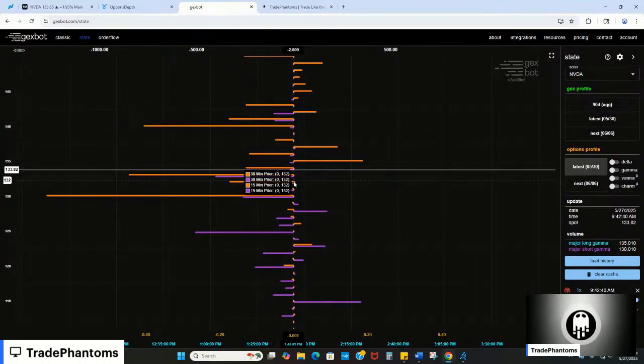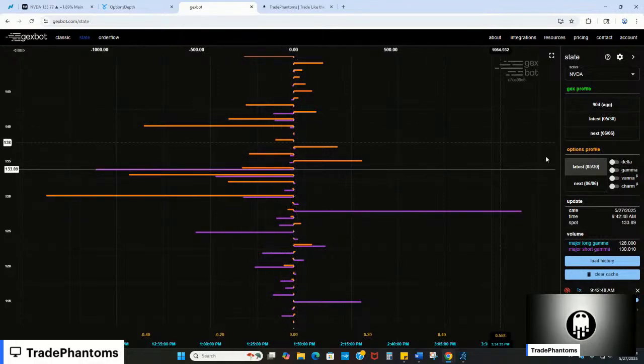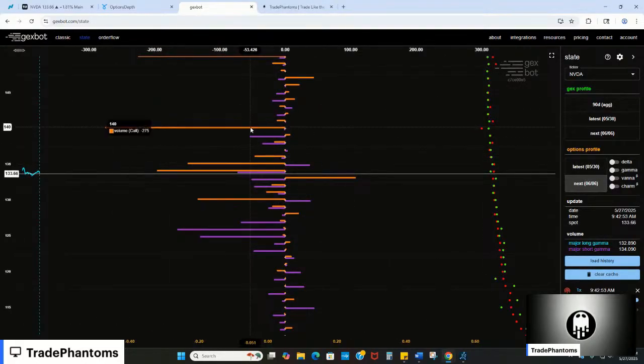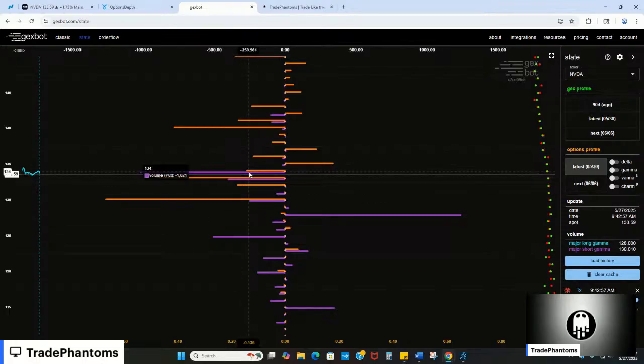Calls are in orange, puts are in purple. To the left are sold, to the right are bought. Customer profile here. So a lot of sold calls on the NVDA. Massive, there's a sold put right here too, 134.